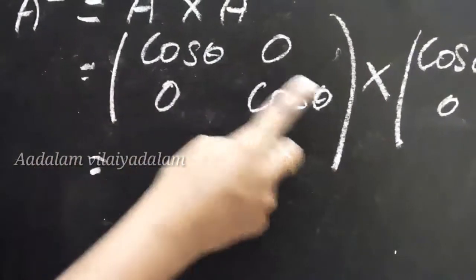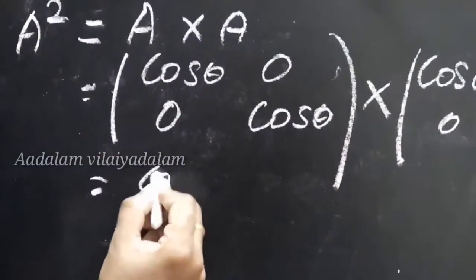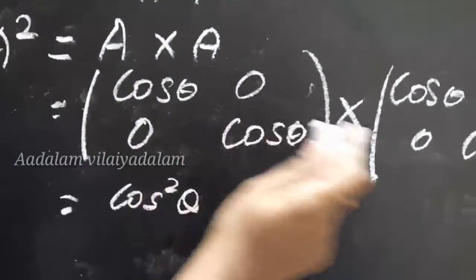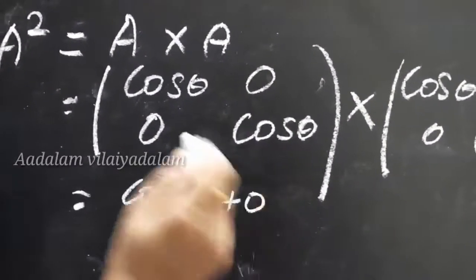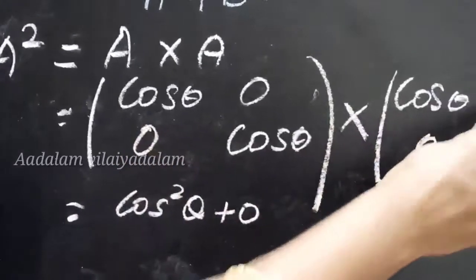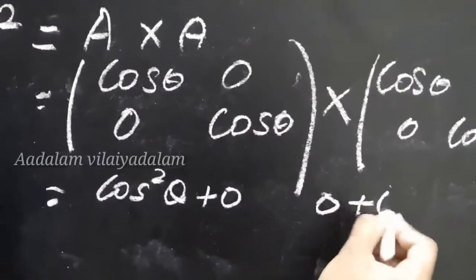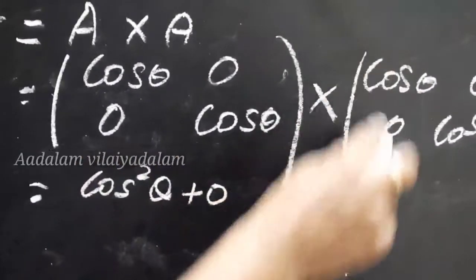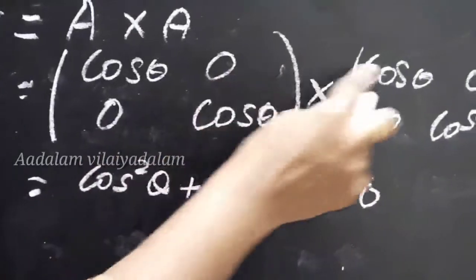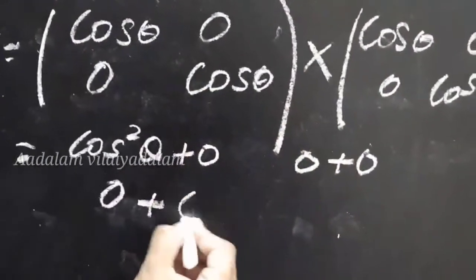The first row, first column: cos theta into cos theta, cos square theta, plus 0 into 0, 0. Next, the first row, second column: cos theta into 0, 0, plus 0 into cos theta, 0. Second row, first column: 0 into cos theta, 0, plus 0 into cos theta, 0.